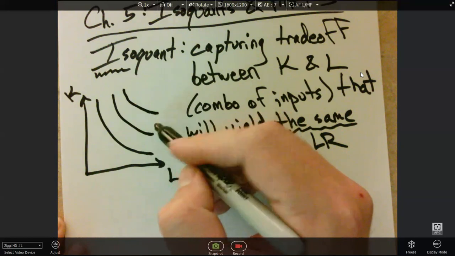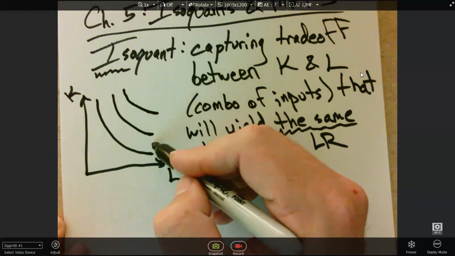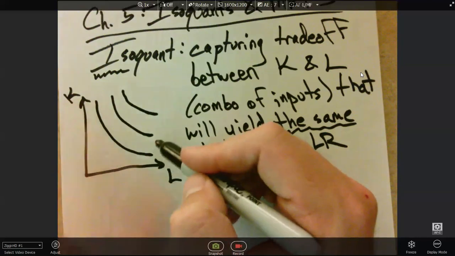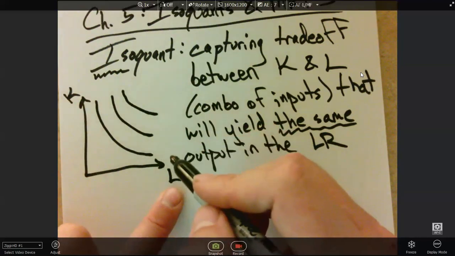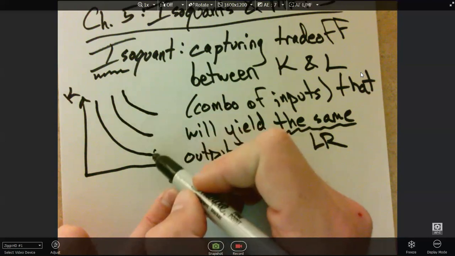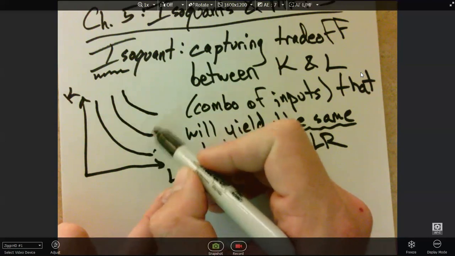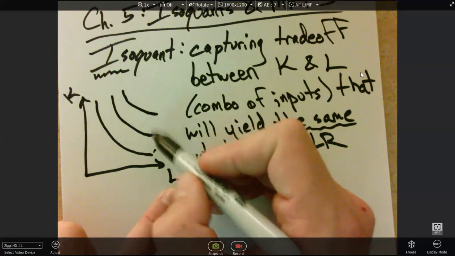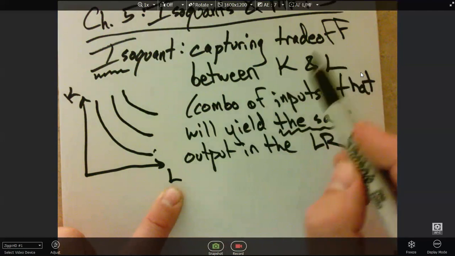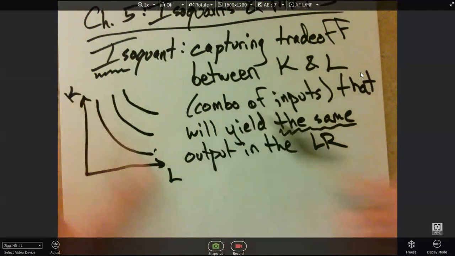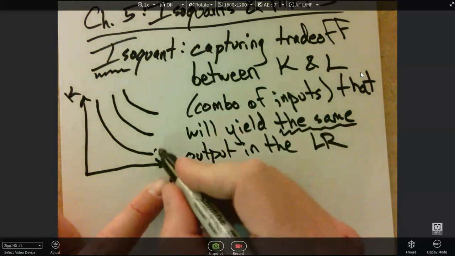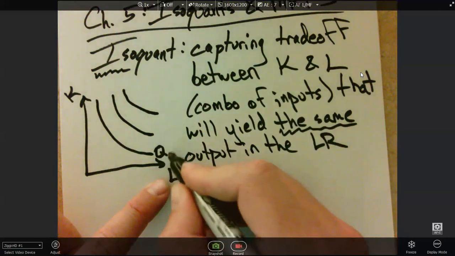What does each curve represent? Each curve is a combination of two inputs, but the curves aren't representing a certain cost, like it costs $1,000 to run this one, or $2,000, or $3,000. What are they representing? The trade-off between the inputs, capital and labor, that will yield the same output. So these are all outputs. Does that make sense?